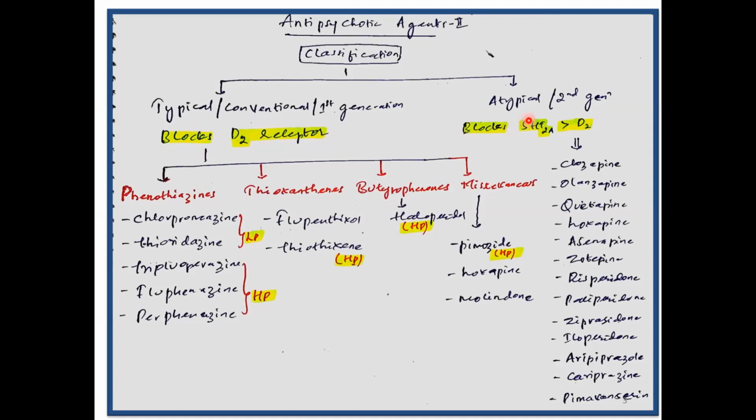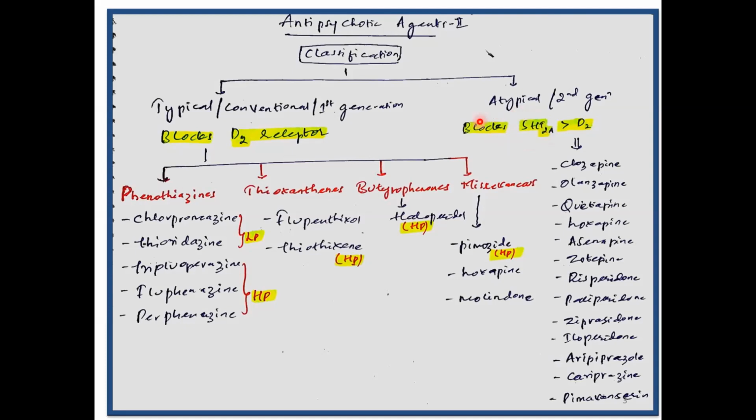Now, why they are called atypical or second generation is the reason: if you see the mechanism, it is different from that of the conventional. This atypical acts by blocking the subtype of serotonin receptors, predominantly with a higher affinity towards 5-HT2A receptors when compared to dopamine receptors. That's the reason it is called atypical antipsychotics.